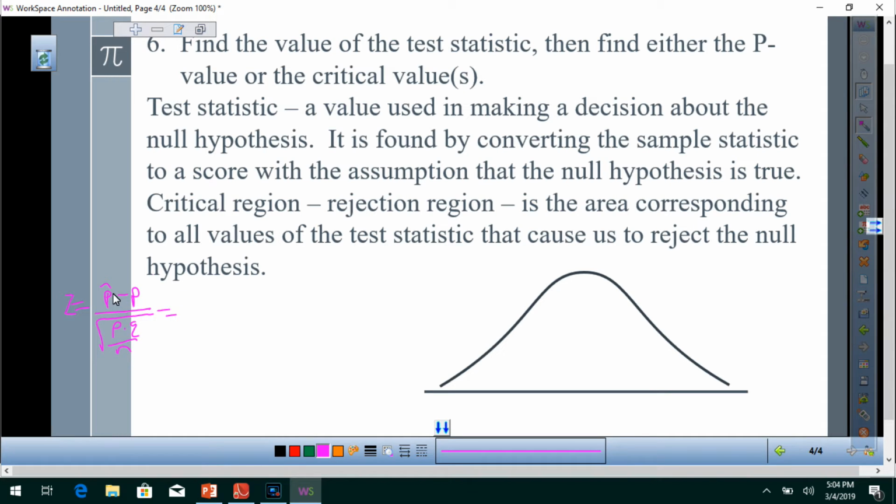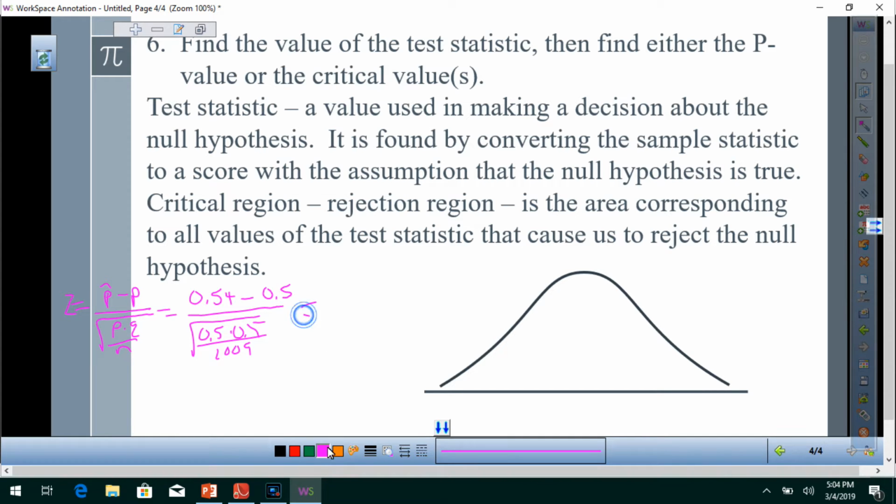We got p hat, 0.54, minus p, 0.5, over the square root of 0.5 times 0.5 over 1009.